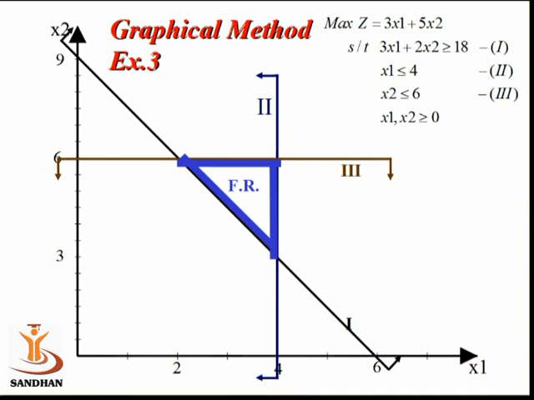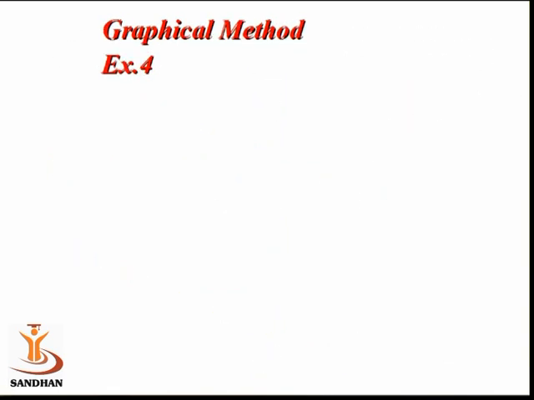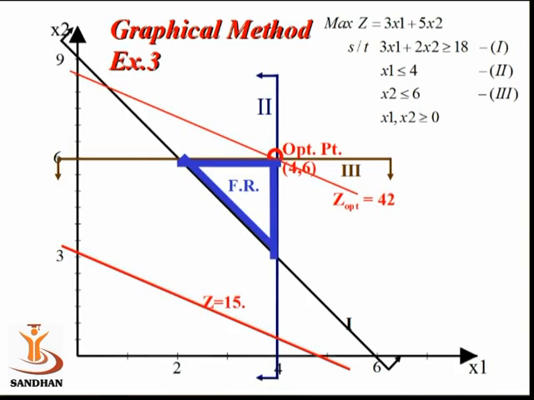Now again we will take the line 3x1 plus 5x2 equal to 15, having the same slope as the objective function, and try to move this line upwards, and finally it will touch the given vertex as you can see from the graph. This has coordinates (4, 6), and the value obtained for z will be 42 by putting x1 equal to 4 and x2 equal to 6.